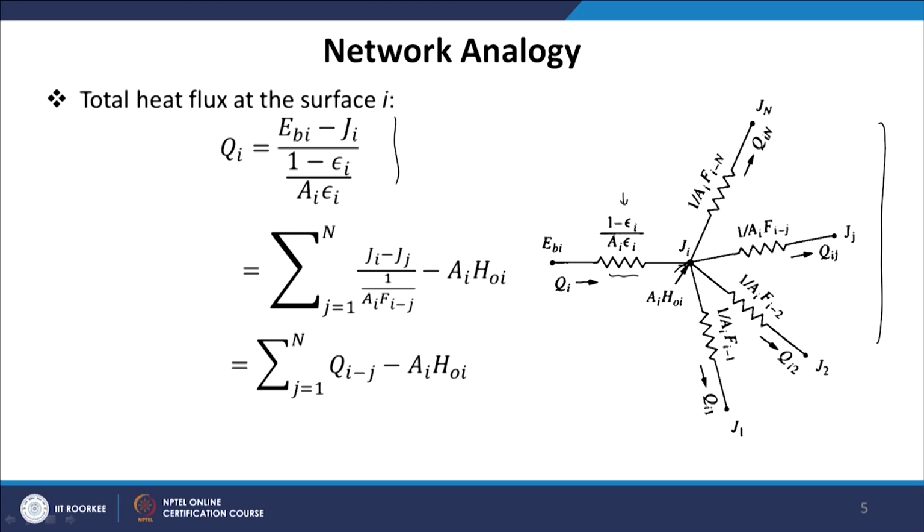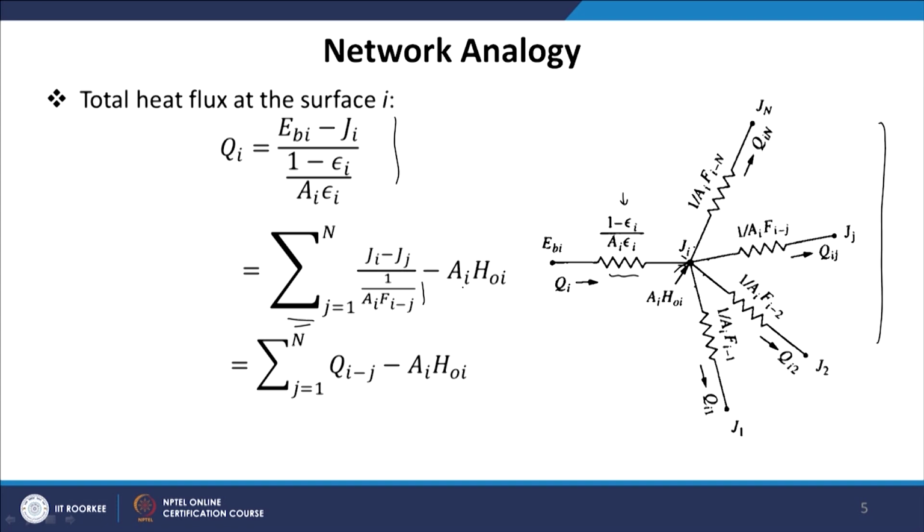Now, this current or heat transfer between these junctions has to satisfy the summation law of current. That means the radiative heat transfer at this point should be the sum of the radiative heat transfer in all the networks. So, using the summation law, sum over j equal to 1 to n of the potential difference in each arm, Ji minus Jj, divided by the radiative resistance of each arm.